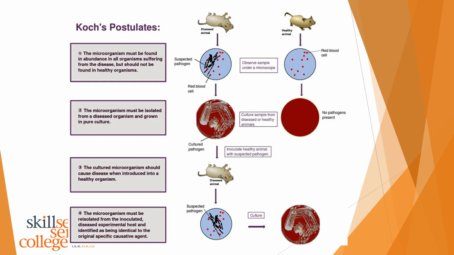And number 4, the microorganism must be re-isolated from the inoculated diseased experimental host and identified as being identical to the original specific causative agent. So that's quite wordy. So essentially what he's saying here is, now that you've made a healthy animal diseased, when you look at the microorganisms, it must be the same microorganisms that you infected it with that are causing the disease, not something different.